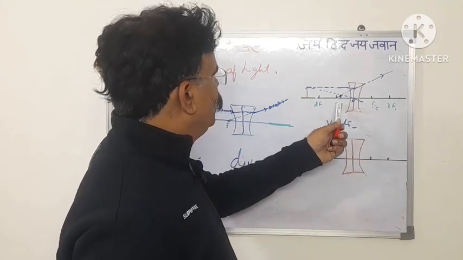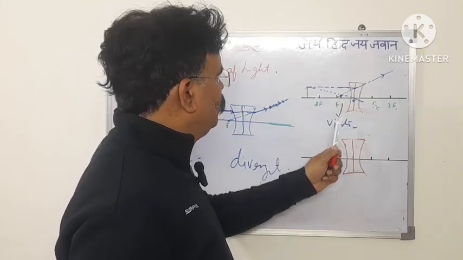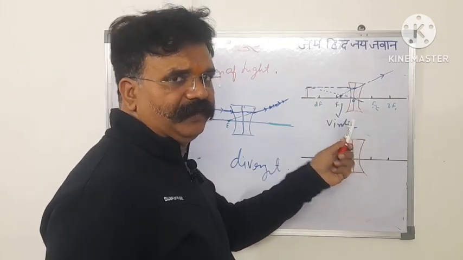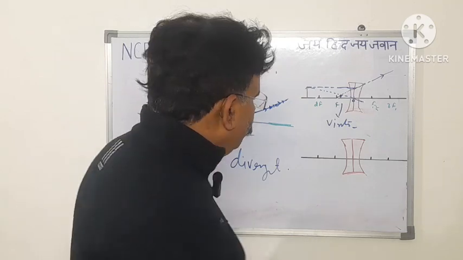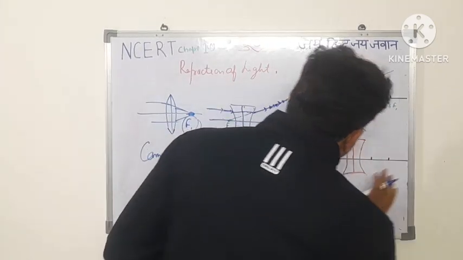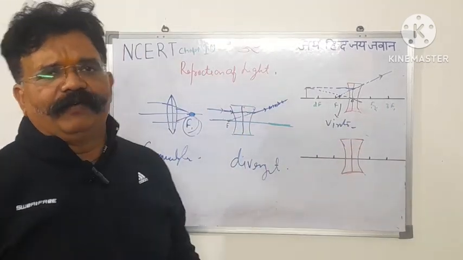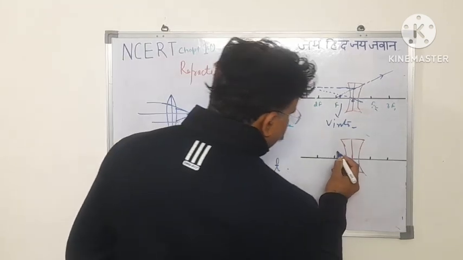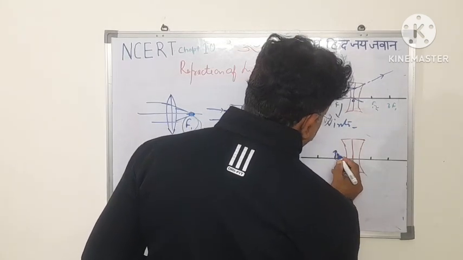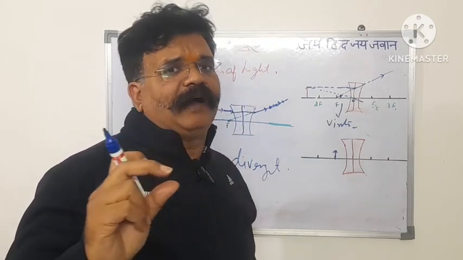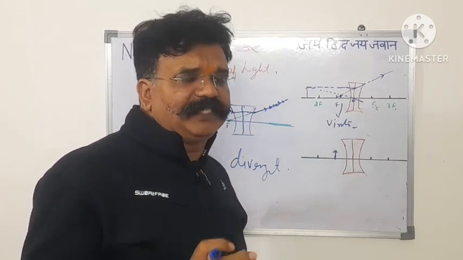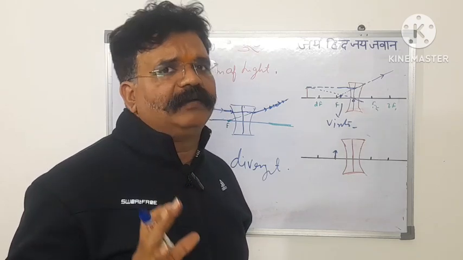In this case, you have seen the image is virtual, the image is straight, not inverted, and the image is small. In all positions of the concave lens, wherever you keep the object, the same phenomenon will happen. The size of the image formed will be smaller.